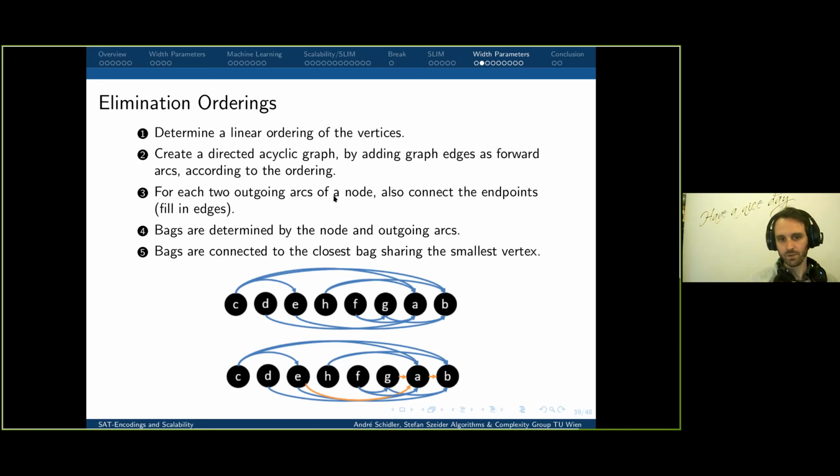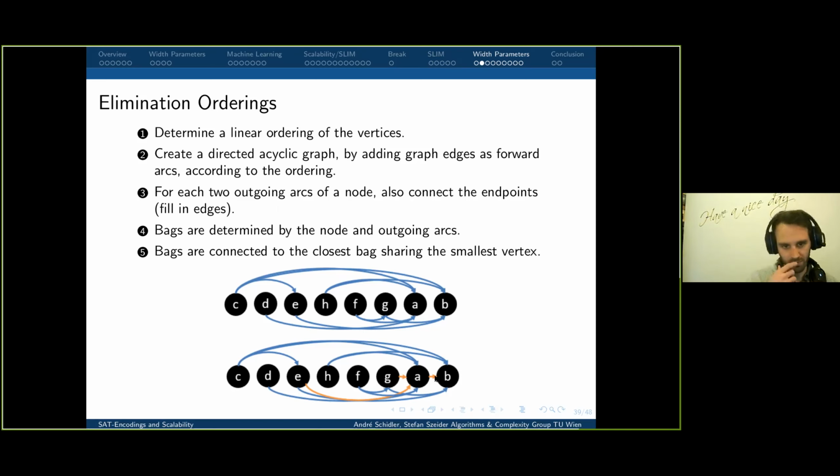And now for each two outgoing arcs of a node, you also connect their endpoints. So if you look at C, it has an arc to E and to A, so we draw this fill-in edge from E to A. Then E has this fill-in arc to A, and it has this arc to B, so we draw another fill-in arc from A to B.